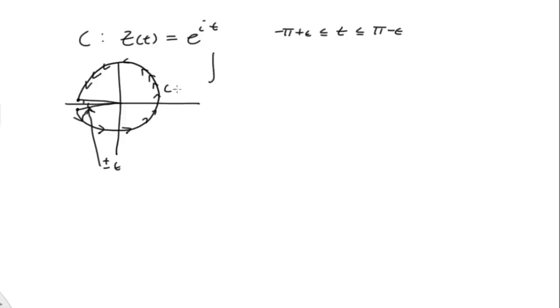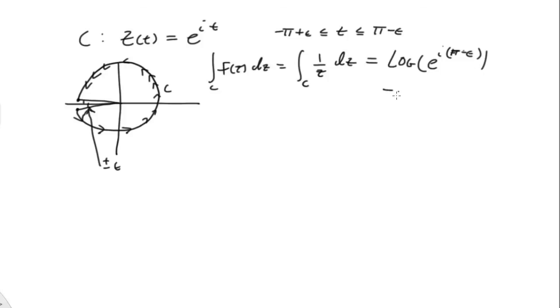The integral on this contour of f of z dz, where this is going to be the integral of 1 over z, since we're still working with that example, is going to be log at e to the I times positive pi minus epsilon, minus log at e to the I times negative pi plus epsilon.